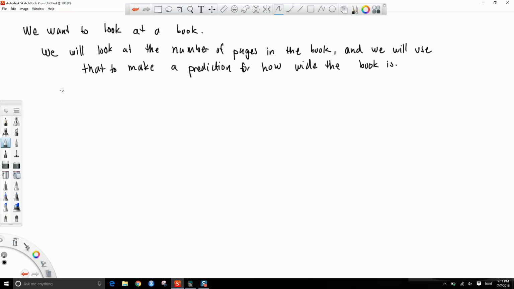Just to illustrate what this looks like, this is my illustration of a book. We're going to look at the width of the book and the number of pages.